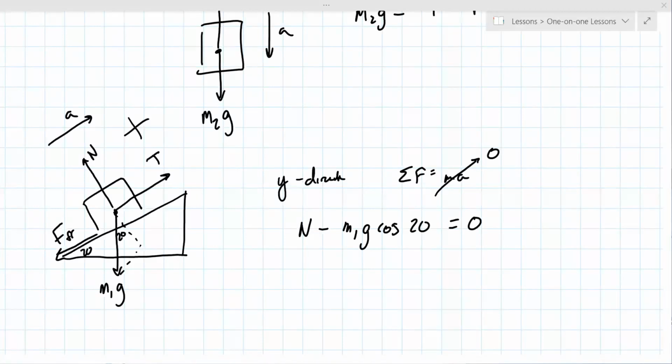So N, the normal force, minus m1g cosine 20 equals 0.